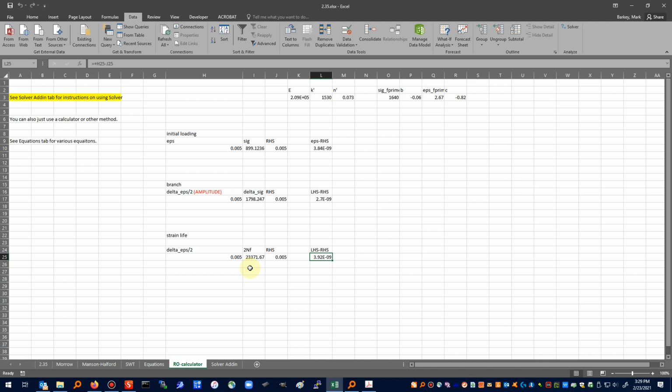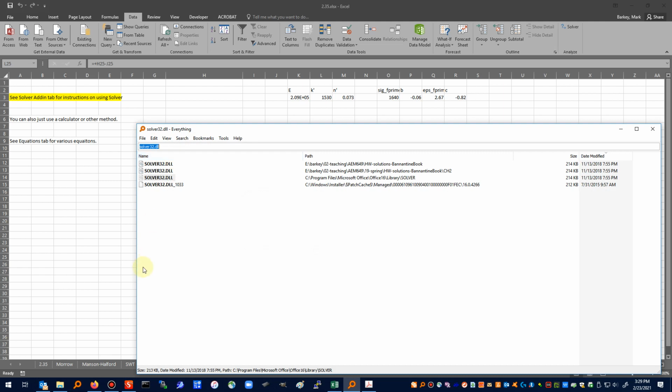Okay, now here's the error that I got. I had used an old version of Excel when I developed the spreadsheet, and it couldn't find solver32.dll. So here's a handy tool that I like to use, this tool called Everything. You can find it on the internet. It's free, and it searches your computer for solver32.dll. It was hiding in this folder in the Microsoft Office program directory.